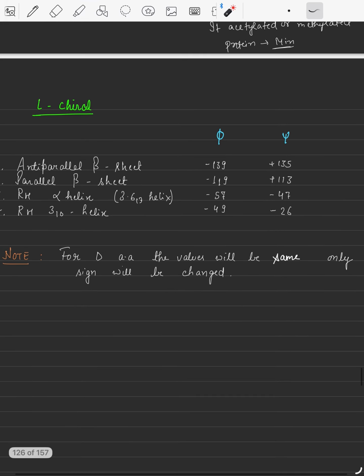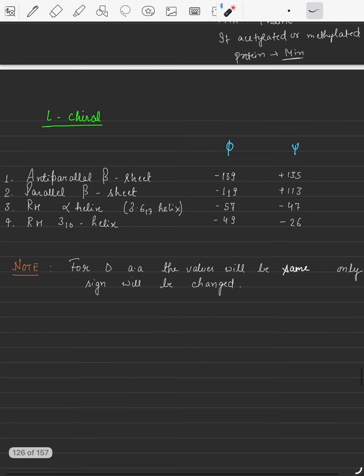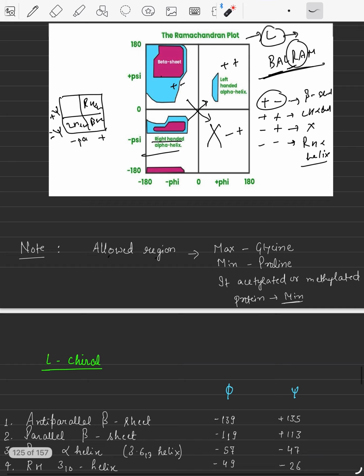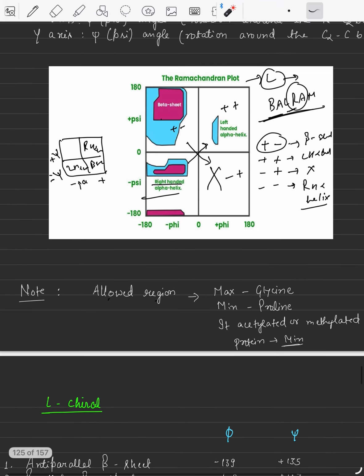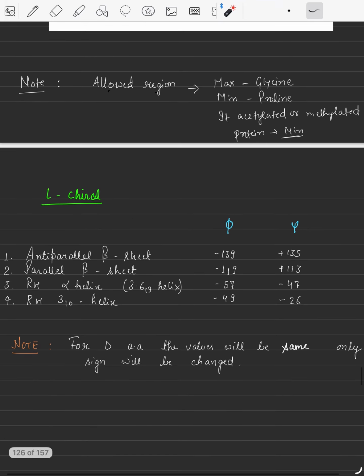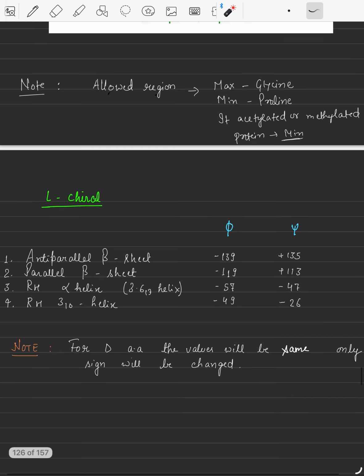So you can see the values of phi and psi. For antiparallel beta sheet, psi is 135 and phi is minus 135. Then for parallel beta sheet, phi is minus 119 and psi is plus 113.